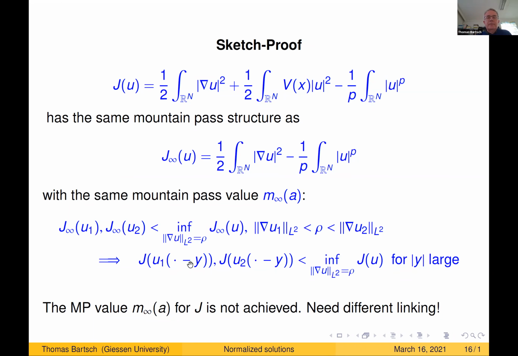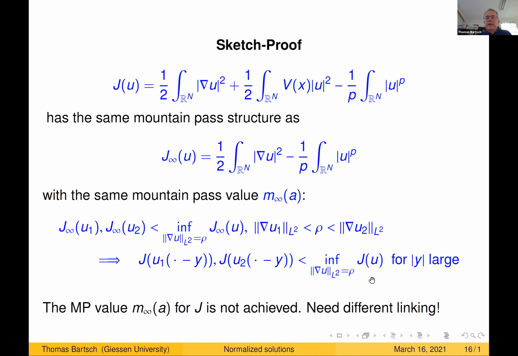Now, I say this has the same mountain path structure, and then you can take u1 and shift it by some element y in Rn. If you make the norm of y large, then the energy of u1 evaluated at x minus y of course converges towards J infinity of u1, because V converges towards 0 as the norm of x converges to infinity.